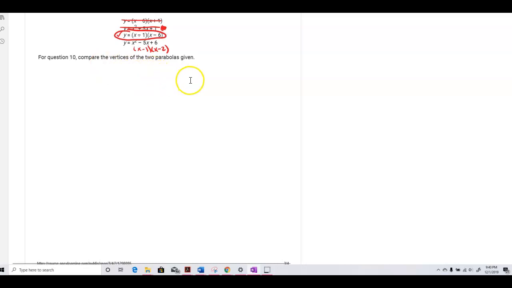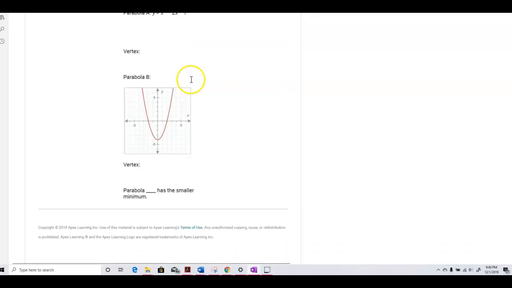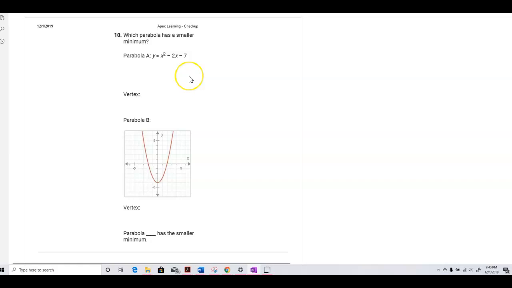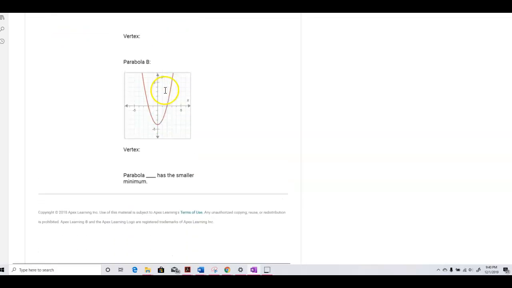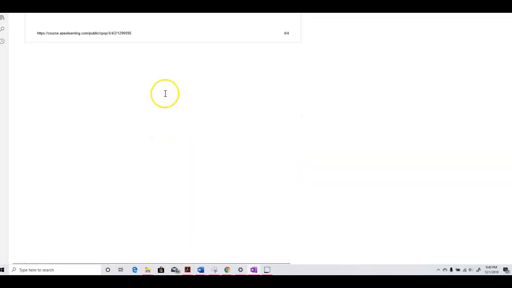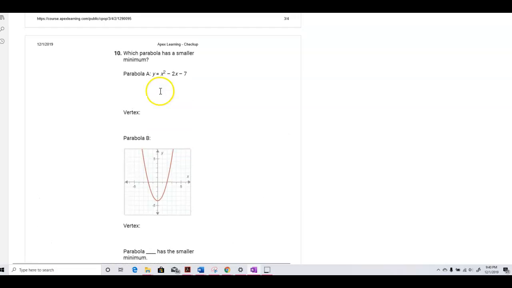So compare the vertices of the two parabolas given. Well, in this parabola, a lot of times, if it's not factorable, you'll have to do something different. So another way to find the x-coordinate of the vertex, when you're in the form ax squared plus bx plus c, is that the x-coordinate of the vertex would be the opposite of b over 2a.